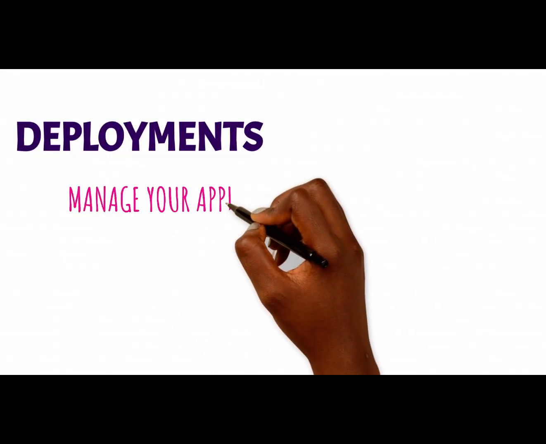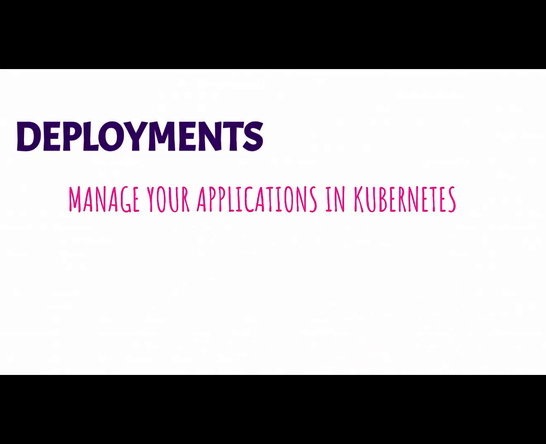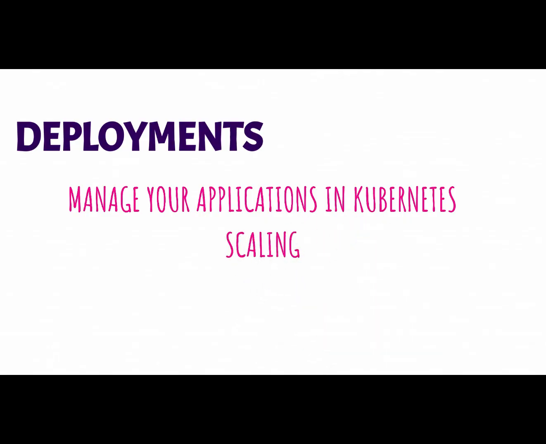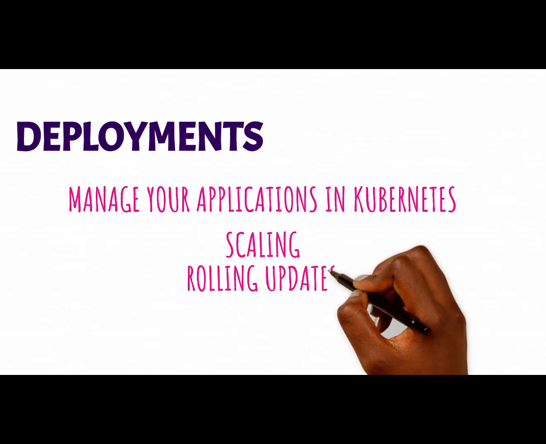A deployment is the most common and powerful way to manage your applications in Kubernetes. Think of it as a smart manager that sits on top of a replica set. A deployment's job is to make sure your application runs exactly how you want it to. It can handle your scaling, which means changing the number of replicas is simple.